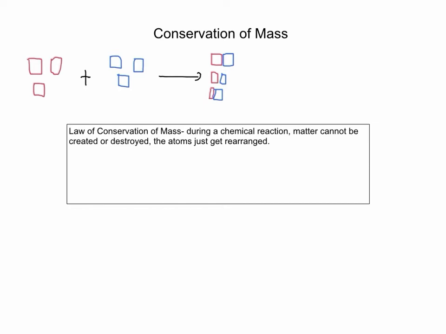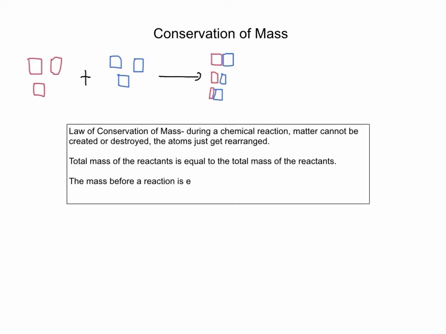It also means that the total mass of the reactants is equal to the total mass of the products. Similarly, the mass before a reaction is equal to the mass after a reaction.